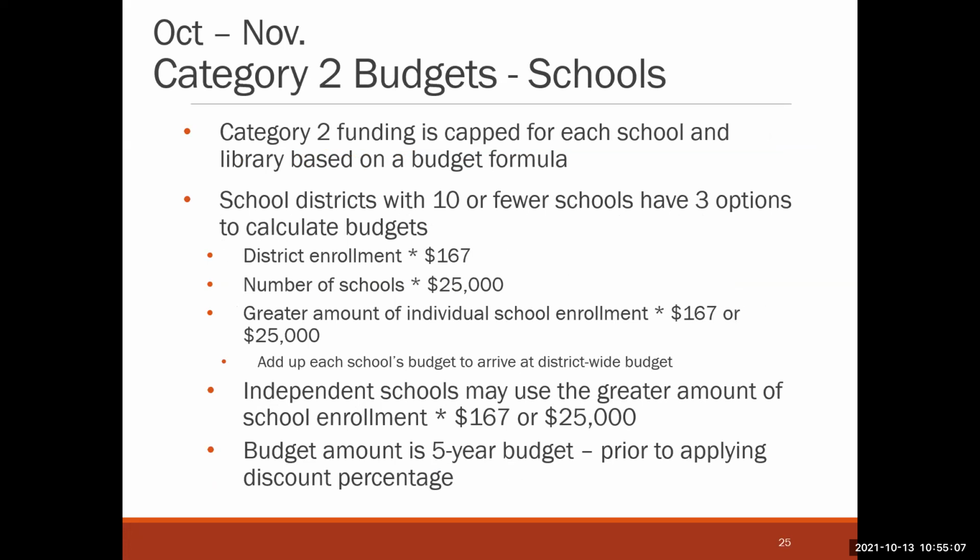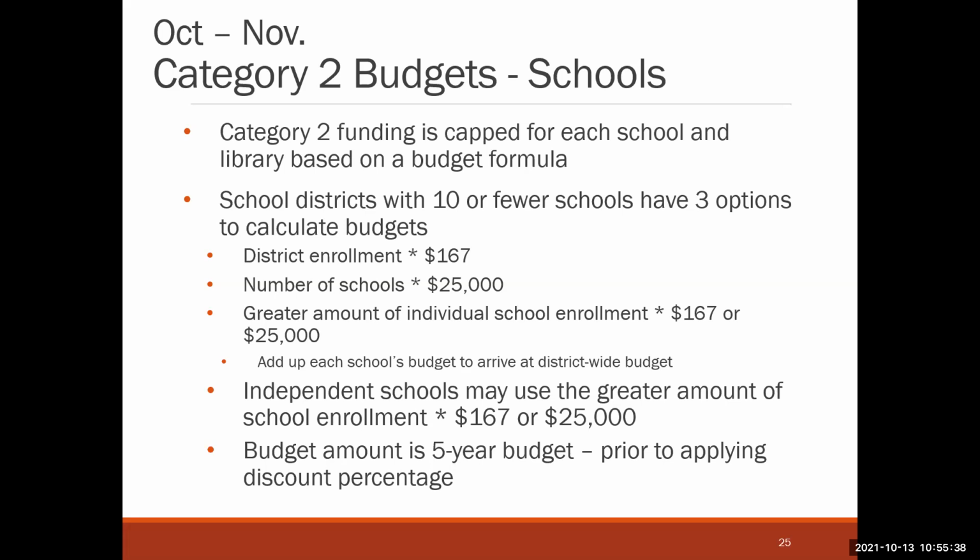So school districts with 10 or fewer schools have 3 options to calculate your budget. You would do your district enrollment times $167 per student, or you could do the number of your schools and just multiply by $25,000. Or you could do the greater amount of each of those options.